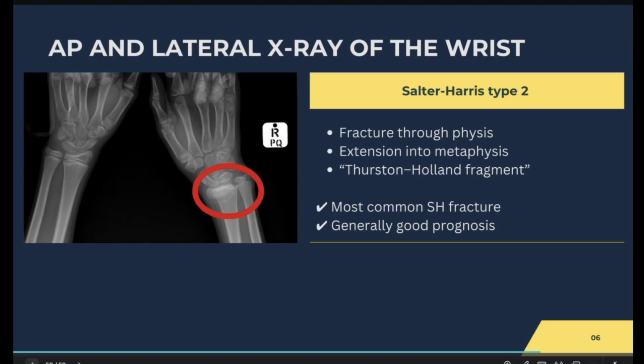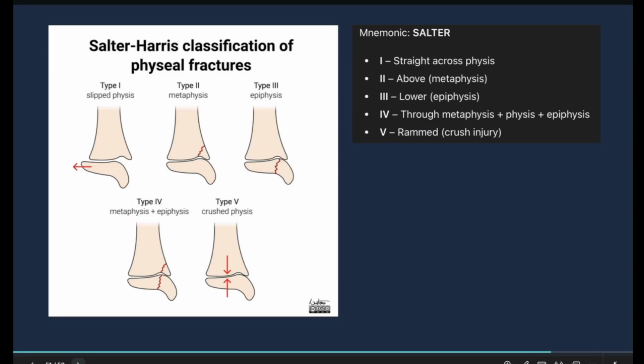Beautiful description. I just wanted to say that if you think of a mnemonic, SALTER can act as a mnemonic. So you have type 1, which is slippage, like the slipped upper femoral epiphysis you get in the hips. Type 2 is metaphyseal, above the physis. Type 3 is epiphyseal, below the physis.